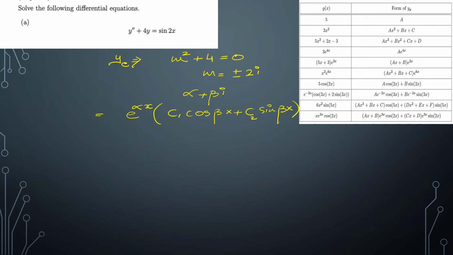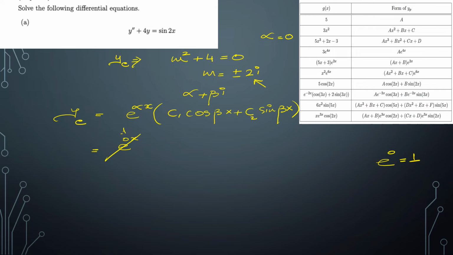Right? So this is the way we show our complementary solution. Now here our alpha is already 0. Alpha is the real part. So over here, our alpha is 0 because there is no real number. So e to the power of 0x, or e to the power of 0, meaning anything with a power 0, our answer is 1.